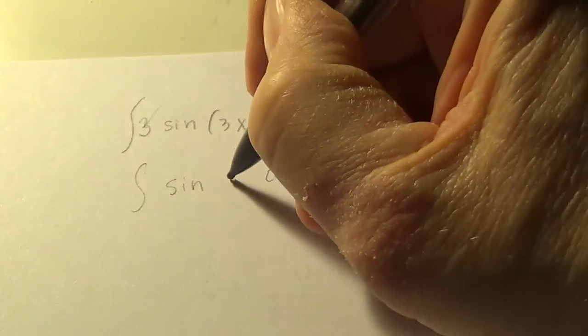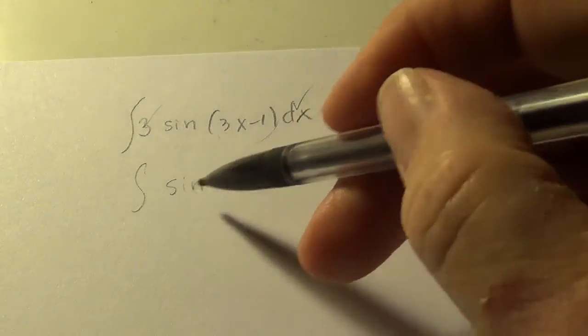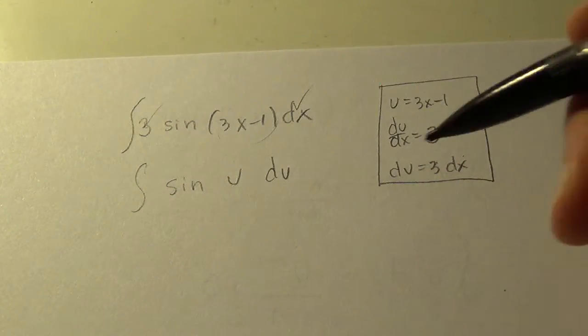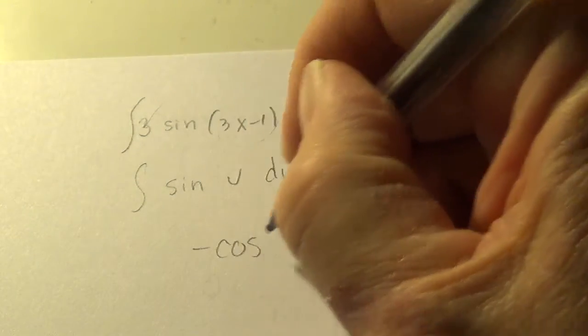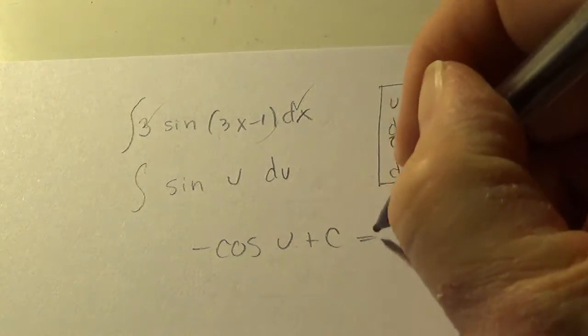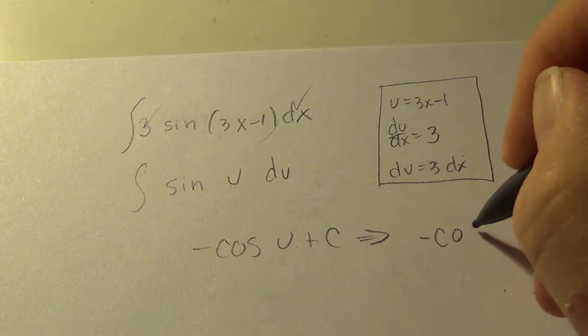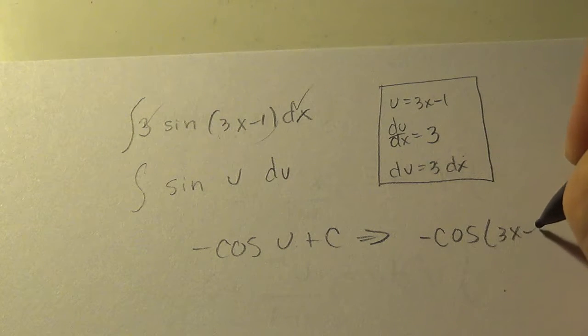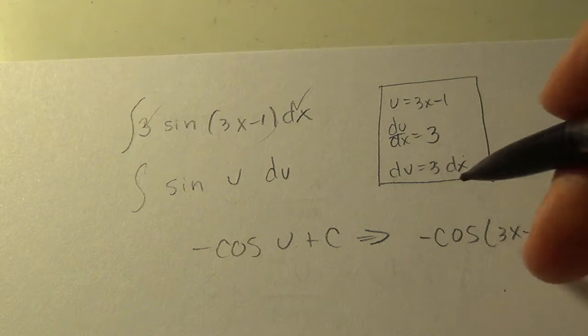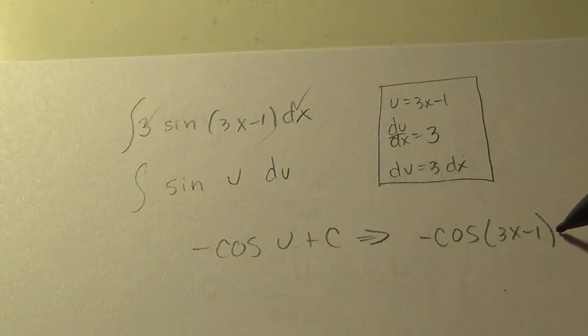And we have left sine of u. But again, we know how to integrate sine of something. It's negative cosine u plus c. And going back to x's, it's negative cosine of 3x minus 1 plus c.